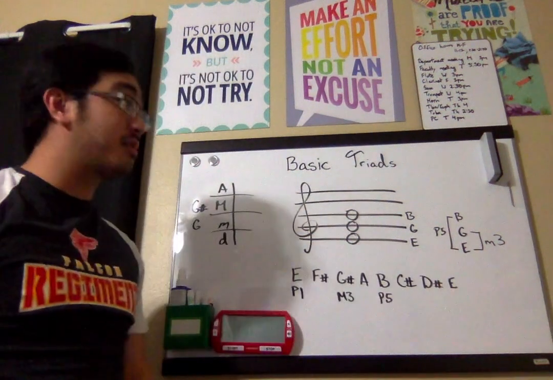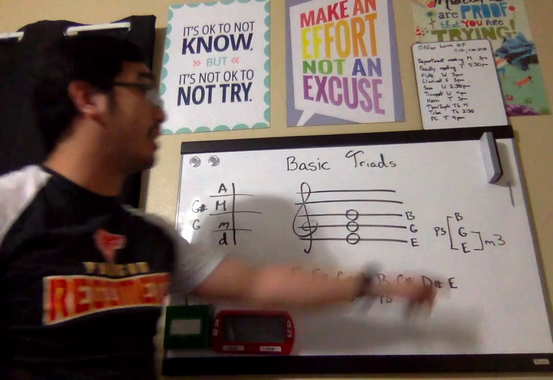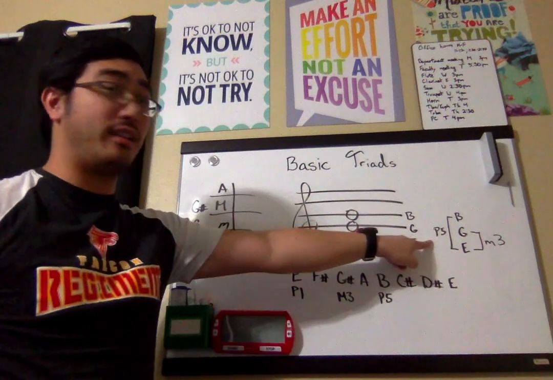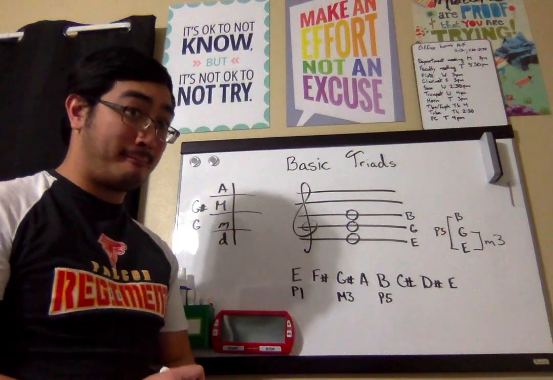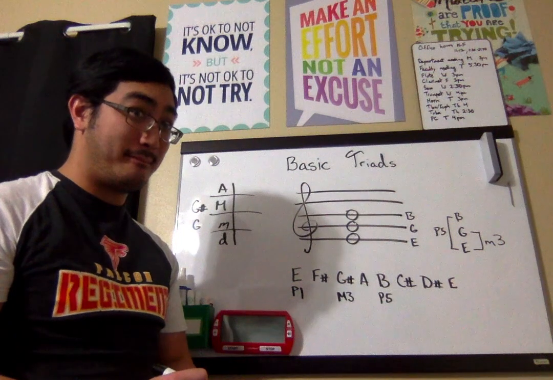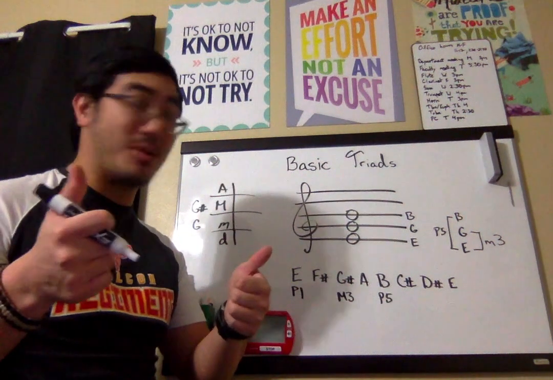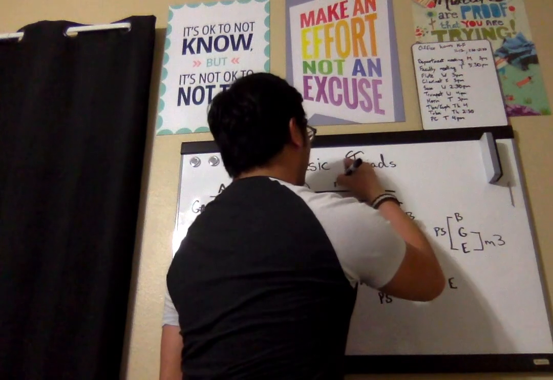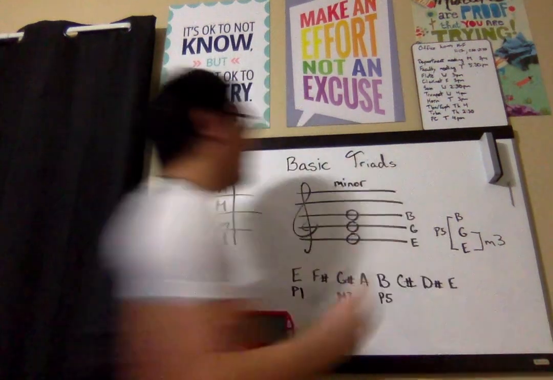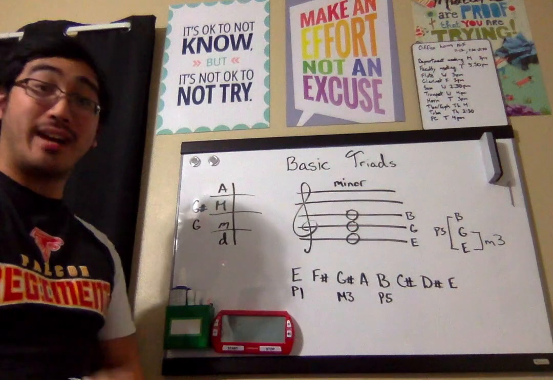Look back at your notes. What kind of triad has a minor third and a perfect fifth? If you said a minor triad, you're correct. The answer is minor triad.